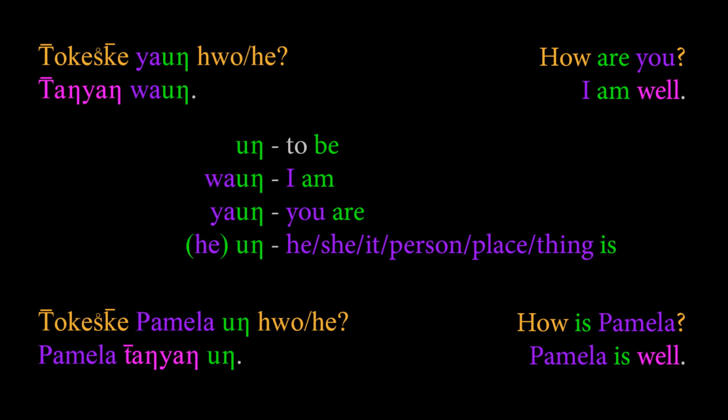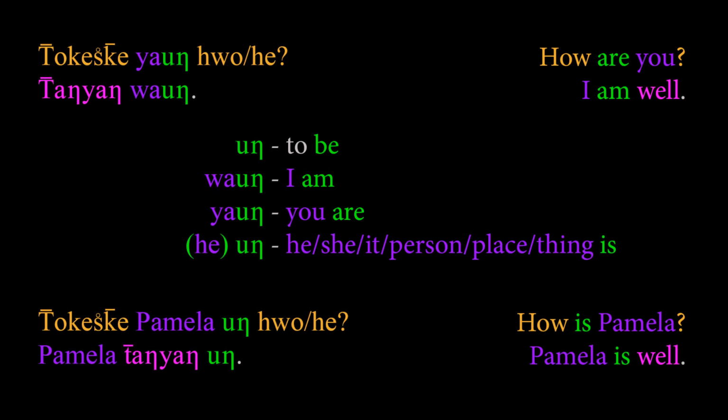In some sentences, like the second sentence on the top of the screen, in this kind of situation, the subject is attached to the verb, but the verb is still at the end. Wa'u, I am. And in other situations, the verb is by itself.